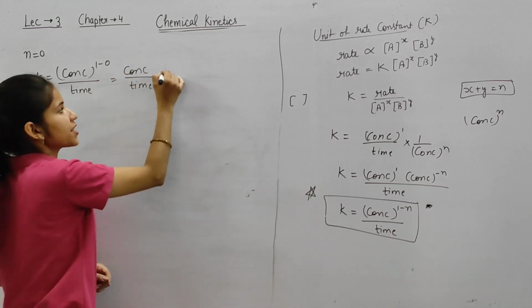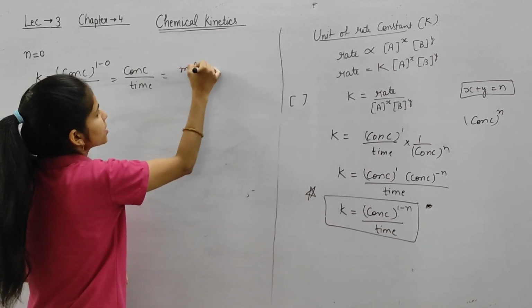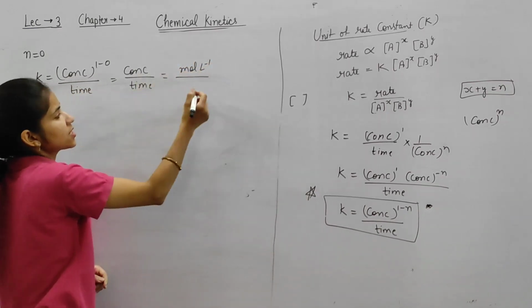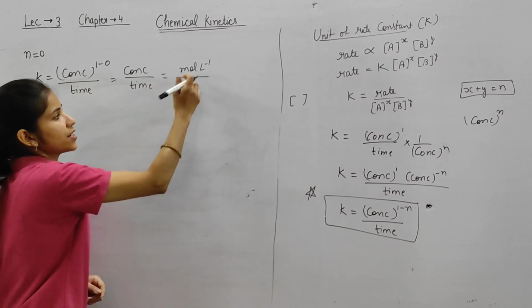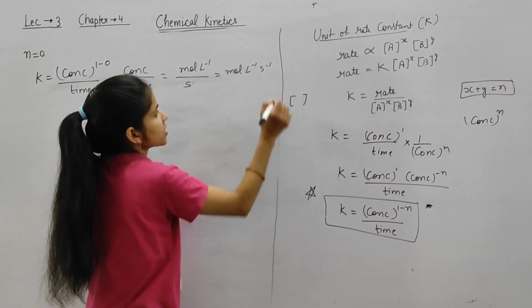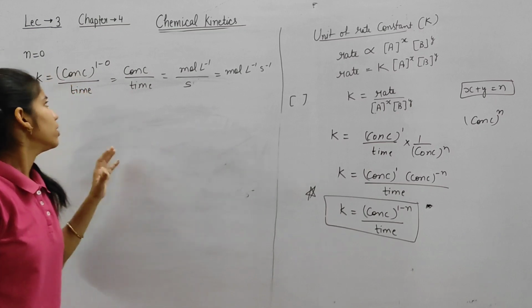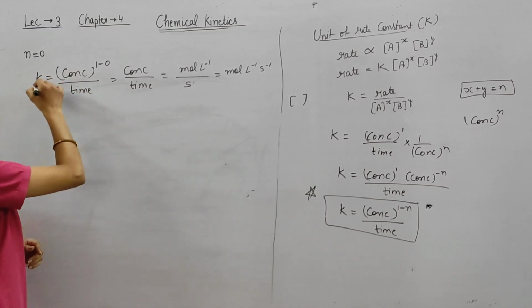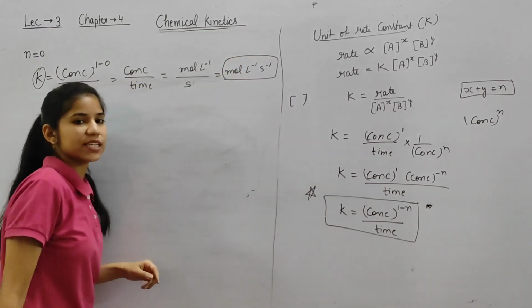And concentration we are taking in terms of moles per liter, and time in second. So the unit is mole per liter per second. So from this question will come how the unit of rate constant is moles per liter per second.